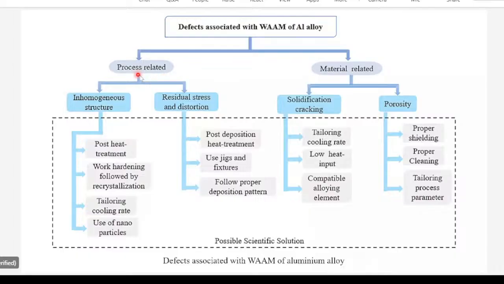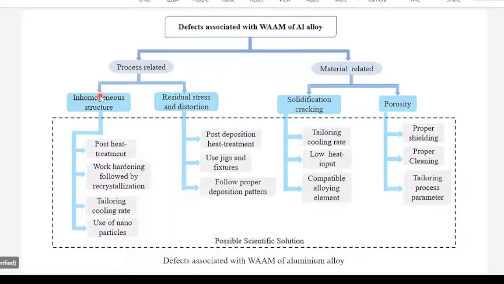With process related, I've already told in the first session, we will get an inhomogeneous structure when the thermal gradient is very high, because at the bottom layers and the top layers there is a mismatch in thermal gradients, so the inhomogeneous structure has to be there.